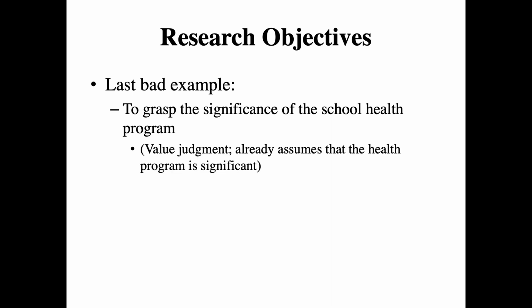On top of that, there's what's called value judgment, wherein the researcher already assumes that the health program is significant when in fact we don't know yet how the effect would be, because we don't know how such a school health program will be accepted by the faculty or the teachers in that school and by the students themselves.